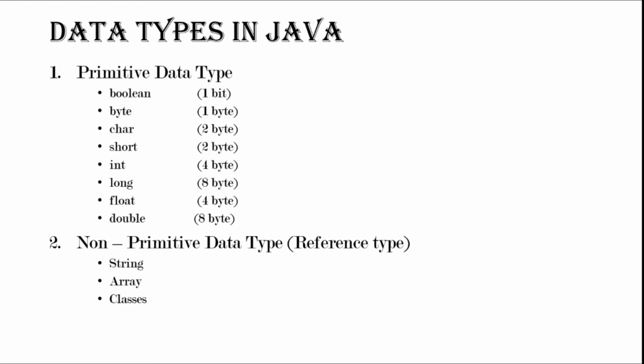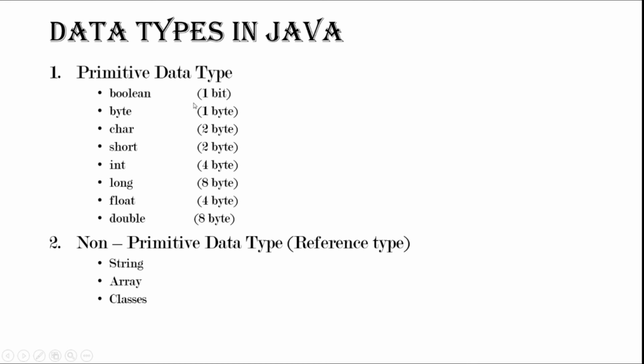So what are data types in Java? In Java there are two types of data type. The first one is the primitive data type and the second one is the non-primitive data type. Primitive data types are predefined by Java. They are already defined in Java. These types are boolean, byte, char, short, int, long, float and double.